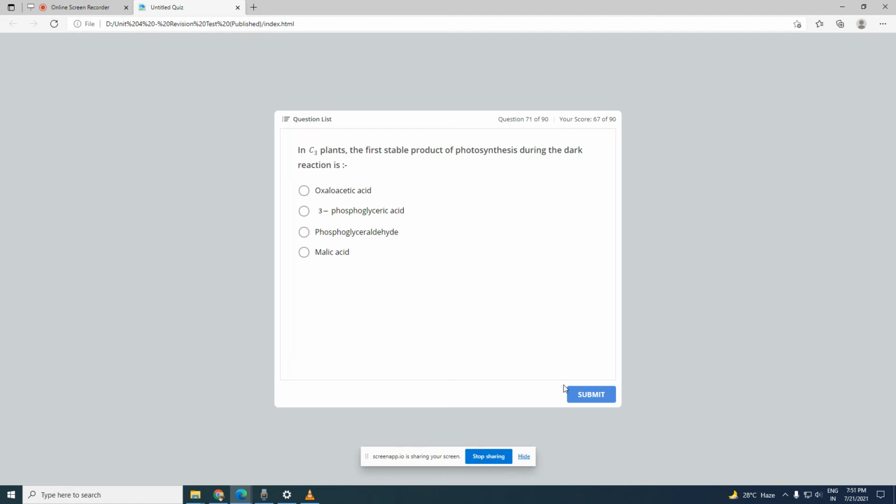So take your time. What is the right answer for question number 71? Is it option A or option B or option D? Sorry, option C or option D?